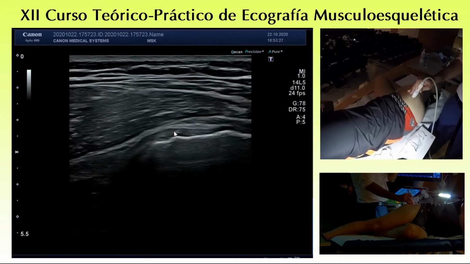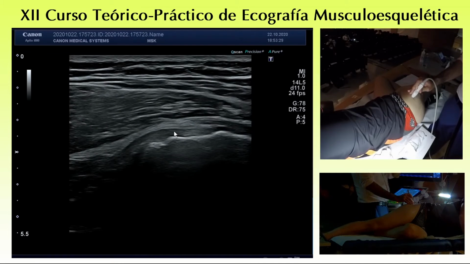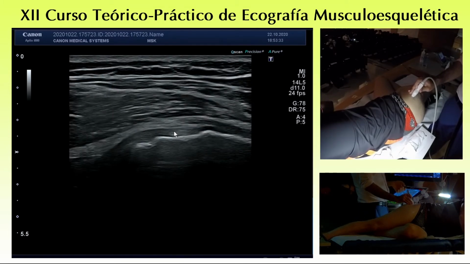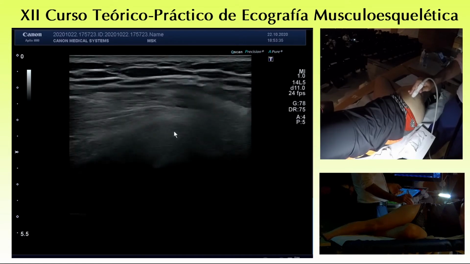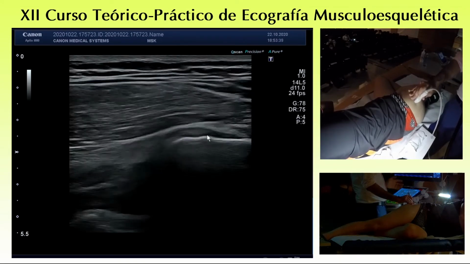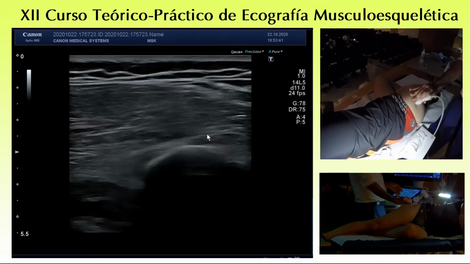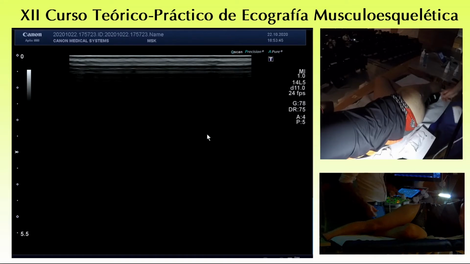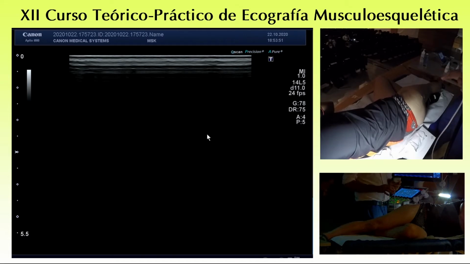So if there is any partial rupture, any discontinuity inside the tendon, you are able to see that. This is how I do it. Of course, as you know, that is the main cause of trochanteric pain.